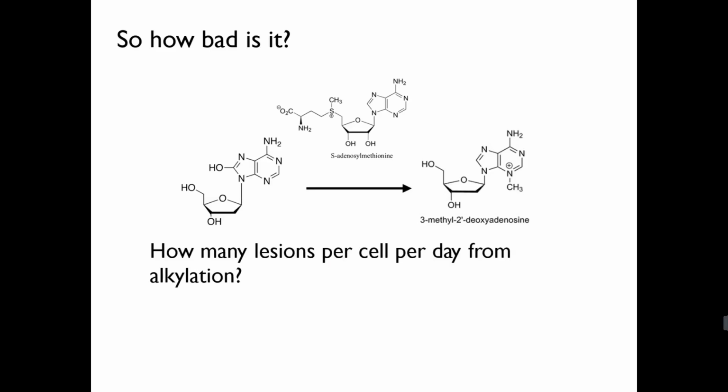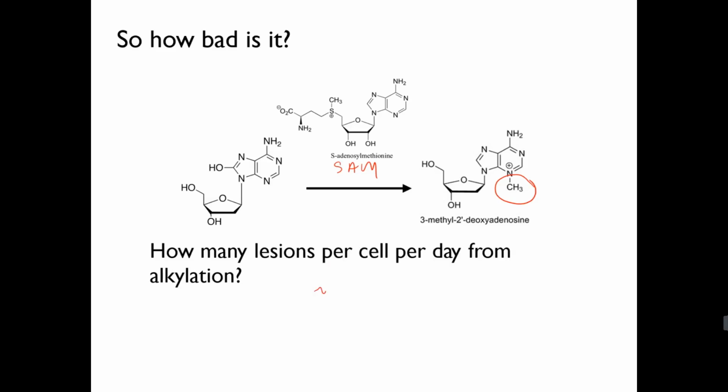And the first thing I'll ask, so alkylating damage, and in this figure I've shown S-adenosyl methionine alkylating a base. So this is SAM here, and our methyl group that's being added to adenosine. Just as a guessing point, how many alkylation lesions per average human cell per day would you think are occurring?